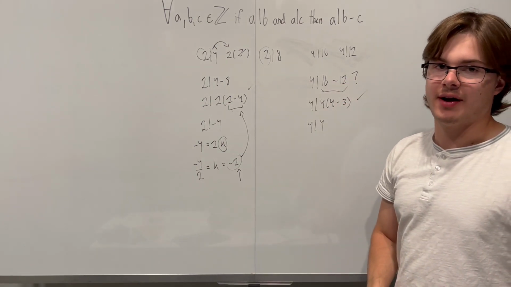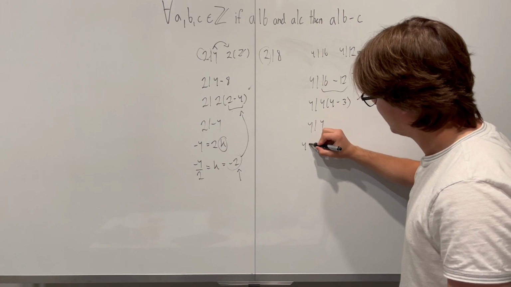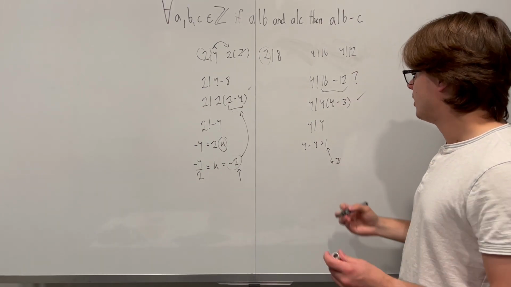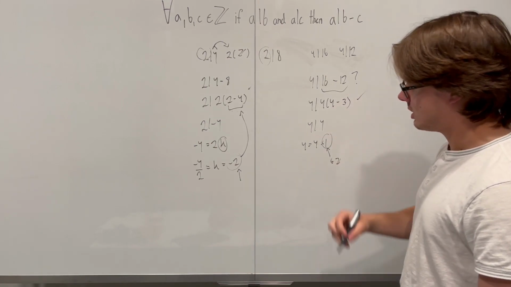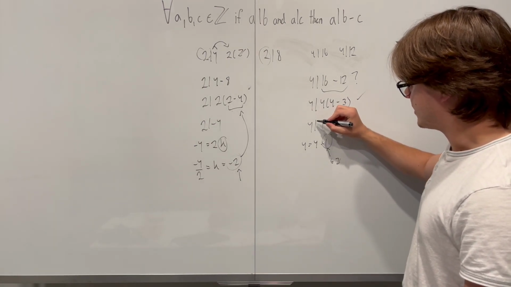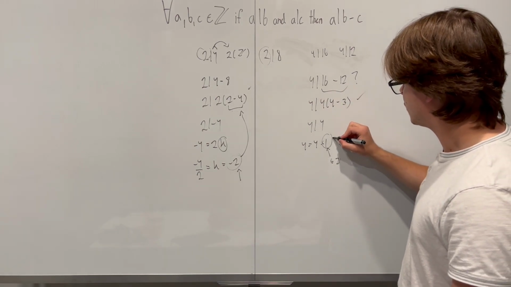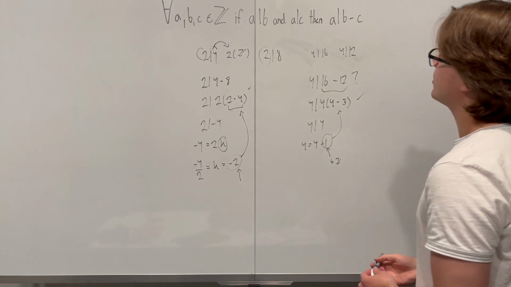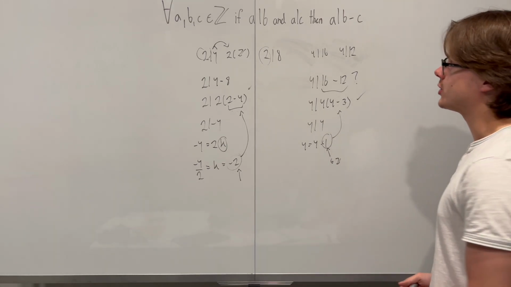And 4 does in fact divide itself because 4 can be written as 4 times 1, where 1 is an integer. And what you should notice, this thing we're multiplying our left-hand side by to get the thing on the right-hand side should be equal to what we have here in the brackets, like we had over there. So it's looking like this statement is most likely true, so let's go ahead and try and prove that.